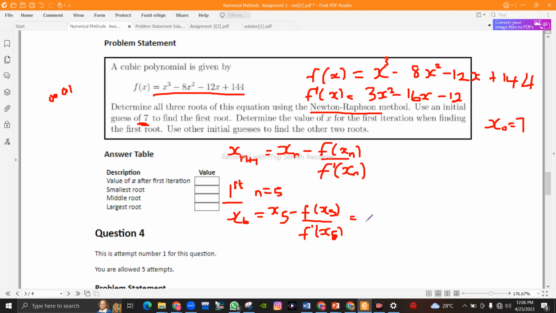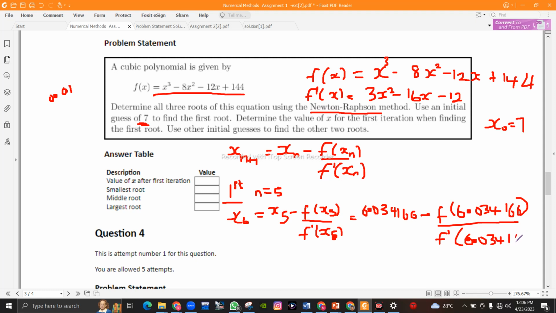We got x5 to be equal to 6.034166, what we got earlier, minus f of 6.034166 divided by f prime of 6.034166.